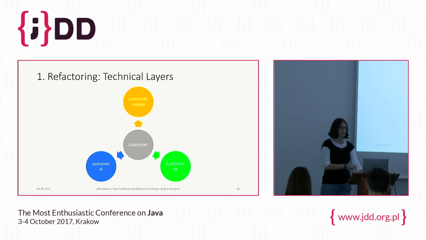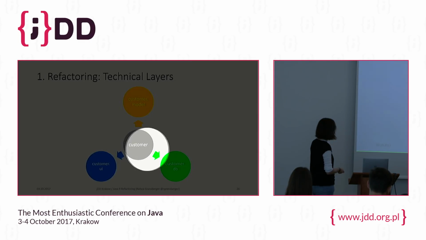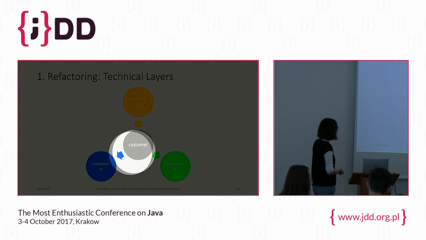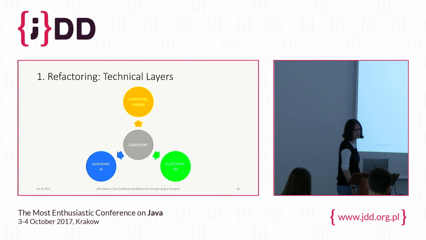So this is the first refactoring: introducing the technical layers in our package structure. Going from the main customer package in the middle, we create three new packages: customer.model, customer.db, and customer.ui. And we do this for all our entities.